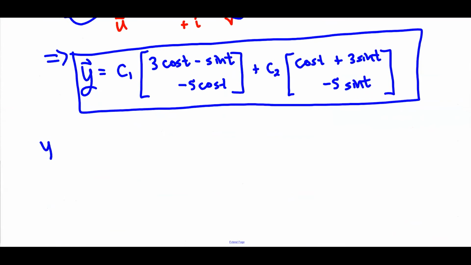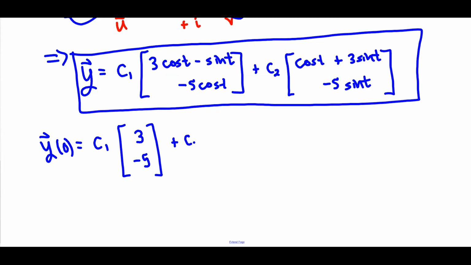So I'm just going to figure out what is y of 0. So I'm going to plug in t equals 0. So I got 3 times cosine 0. Cosine of 0 is 1. So that's 3. Sine of 0 is 0. So I just have 3 in the first component. And then on the bottom, cosine of 0 is 1, times negative 5. So the second component is negative 5.